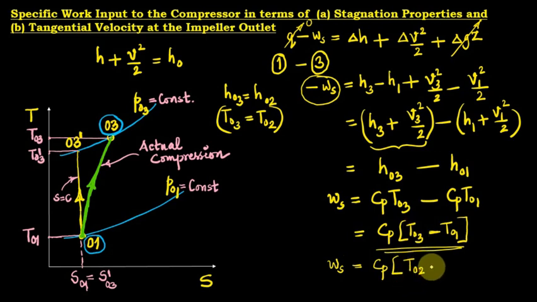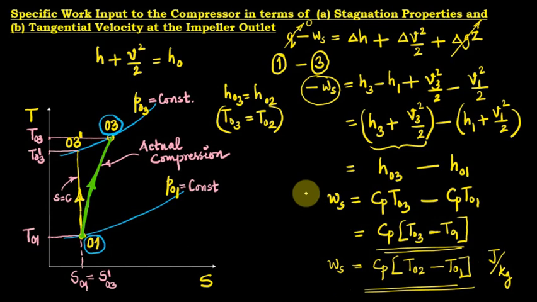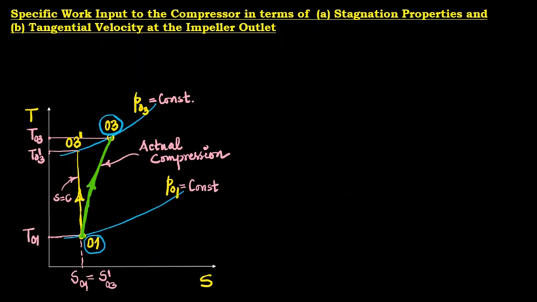So the actual work done per unit mass to compress the air in a centrifugal compressor, the specific work input to the compressor, is Ws equal to Cp into T02 minus T01 joule per kg. You have to keep in mind this relation and the various other relations, along with this diagram. Now we will proceed to the next part, in which we will consider the isentropic efficiency.